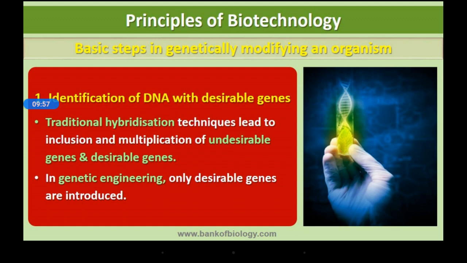But in genetic engineering, the modern technology, they select only the desirable genes for introducing. Only the needed characters are introduced, not both undesirable and desirable. So that is identification of DNA with desirable genes.